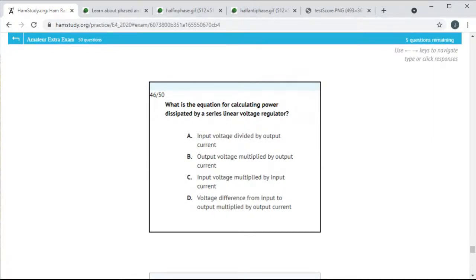What is the equation for calculating the power dissipated by a series linear voltage regulator? A, input voltage divided by output voltage. B, output voltage multiplied by output current. C, input voltage multiplied by input current. D, voltage difference from the input and output multiplied by the output.